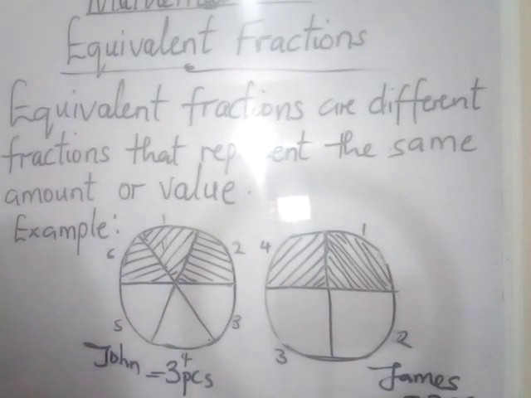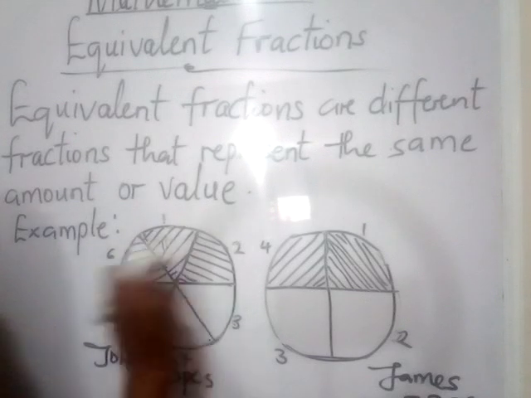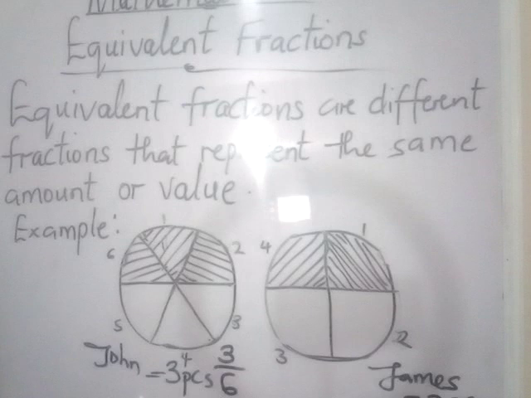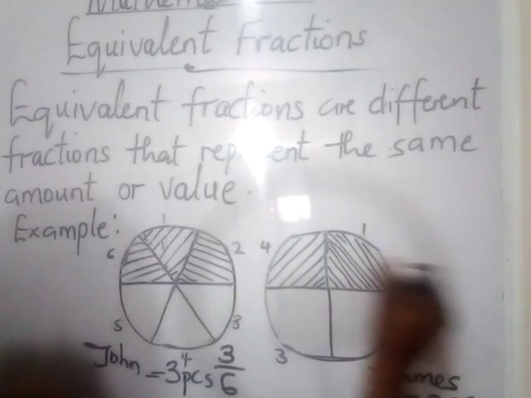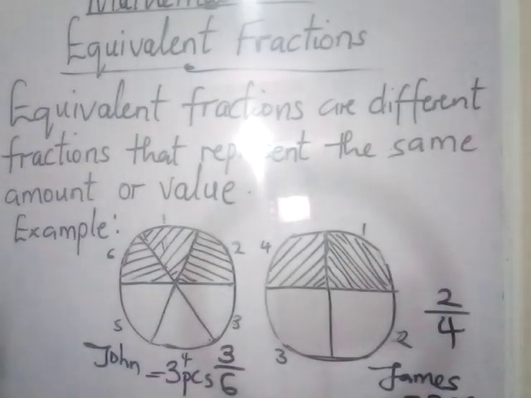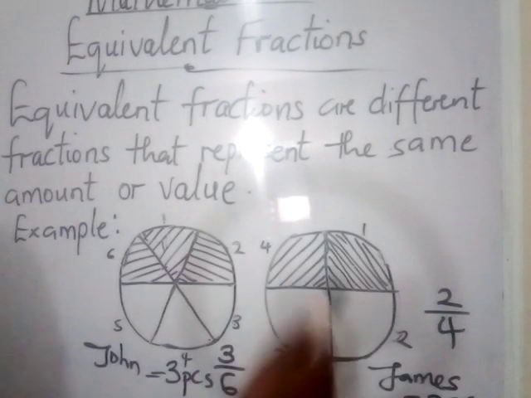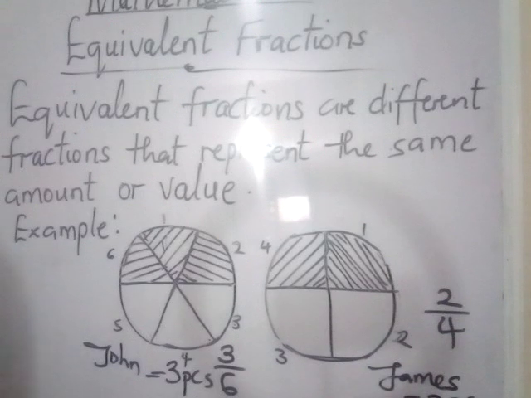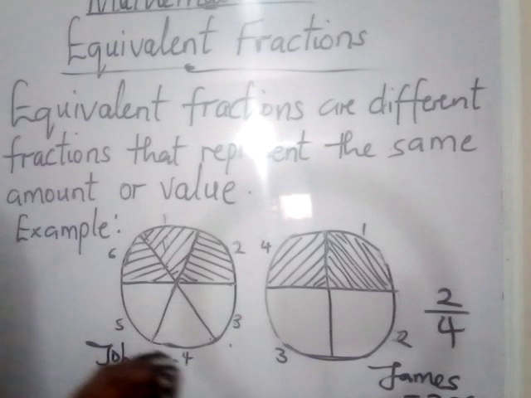So what are we trying to bring out? That the 3 parts of this pizza, which is 3 out of 6, is the same as the 2 parts of this pizza. It gives the same amount, it gives the same size, which is 2 out of 4. So in other words, let me make it clearer.